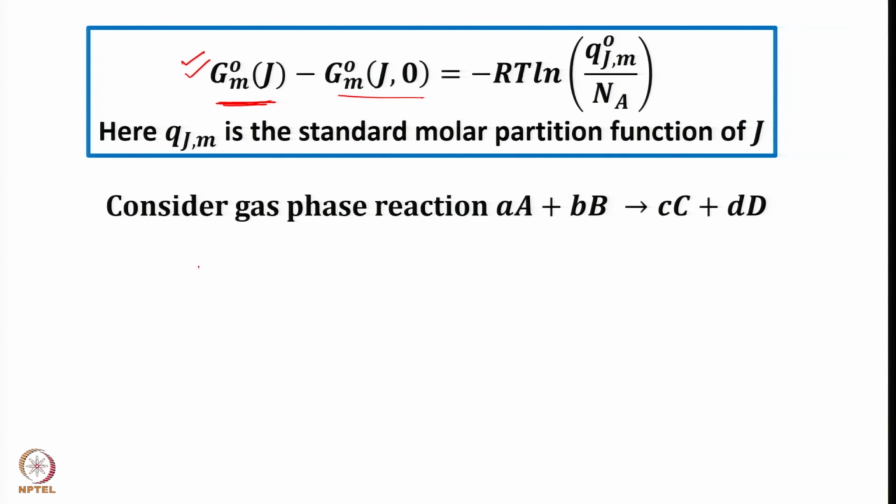What I am interested in is knowing delta G naught. Some books will write a subscript R; R means reaction. So the reaction Gibbs free energy change under standard state conditions can be obtained from summation over J of nu J Gm J under standard state conditions. What does it mean?